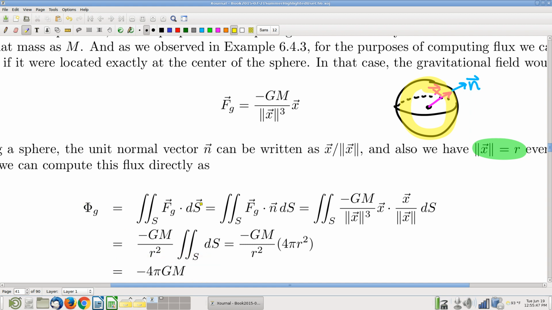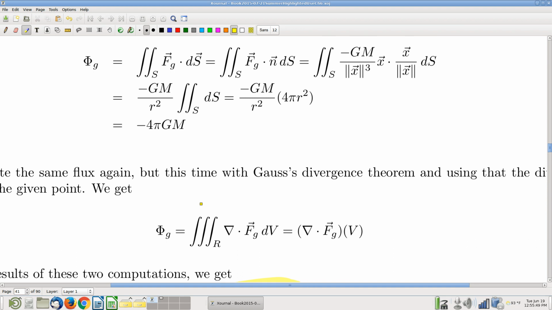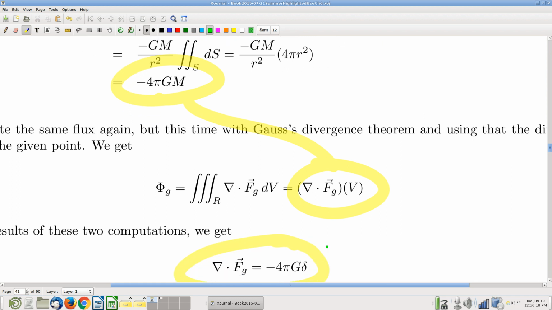Now where we turn this into divergence is with this observation that this flux that I just computed, I can also compute with the divergence theorem. Flux is the triple integral of divergence. We're looking at a really small little sphere here. On small spheres, the function's approximately constant. If the integrand's approximately constant, then it's just integrand times volume. So, punchline, we have concluded that that is equal to that, and from there I can solve for divergence.